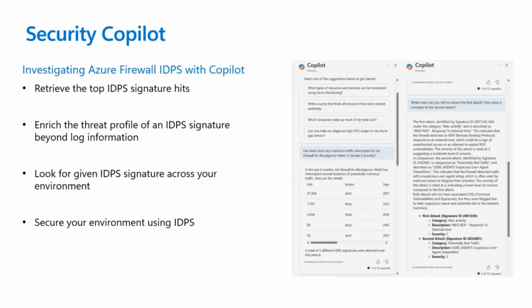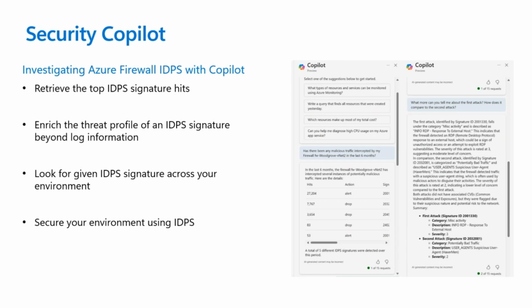The Security Copilot, this one has just been released in GA, and the reason why it's in the troubleshooting part is because it really helps with the investigation of security threats. So it only works with IDPS logs, and it helps you investigate what kind of malicious activity is going through your Azure firewall.